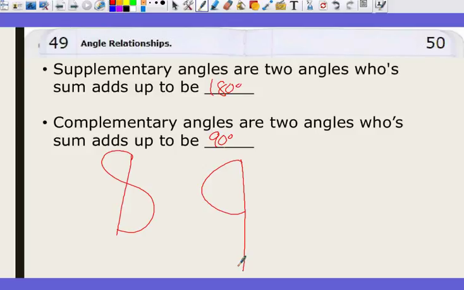Another way to remember it is supplementary is made out of an S, right? And an S is two C's, right? So 90 plus 90 is 180.